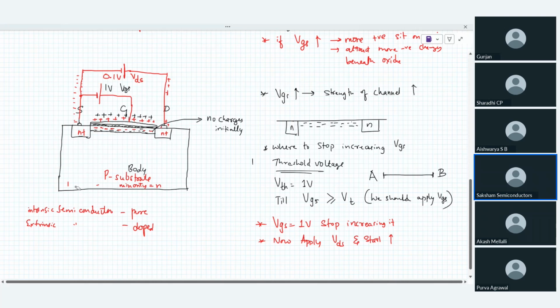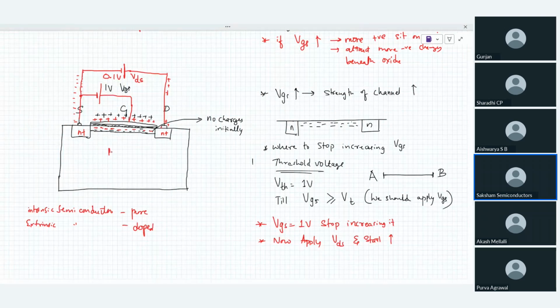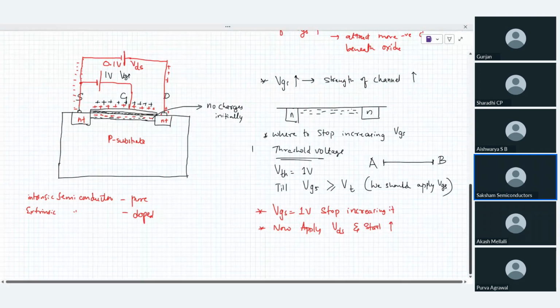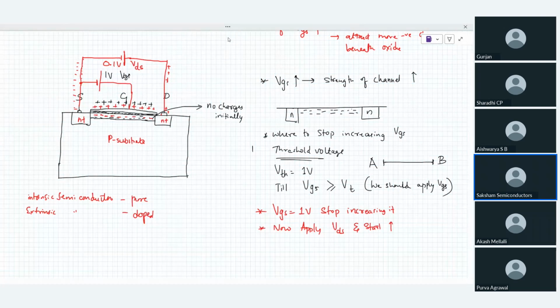Now, when you apply this voltage, till what time should I apply it? At what voltage should I stop increasing VDS? Is there any end? To understand that, I keep on increasing VDS, such that a point reaches when this small N plus region would not be able to hold those electrons within this small region.